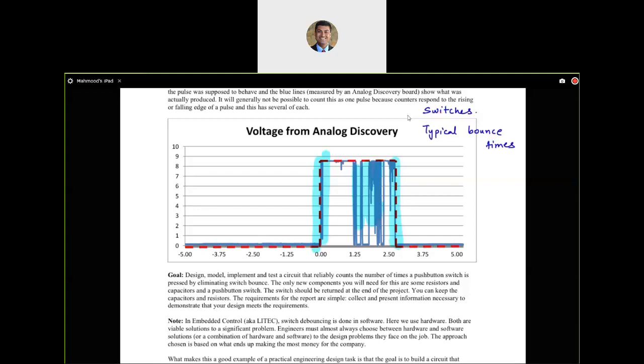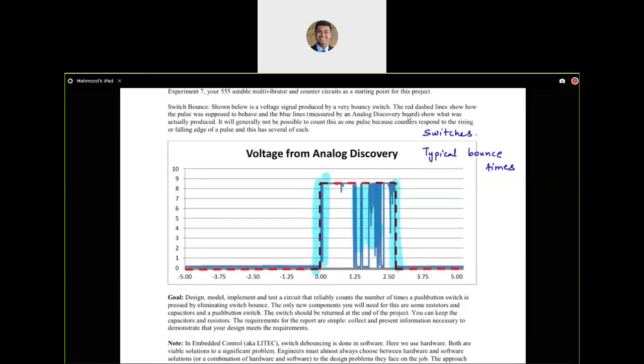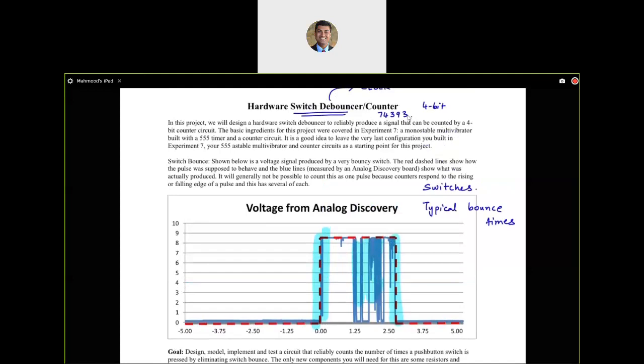For example, if we were to trigger the same 4-bit counter using a bouncy switch, and I'm responding to the negative edge of the switch, I've got several negative edges because it was bouncing. So it will accidentally count all those as pulses. We don't want that to happen. We want it to only respond to that negative edge because that was intended. All the others were the bounce, and they were not intended.